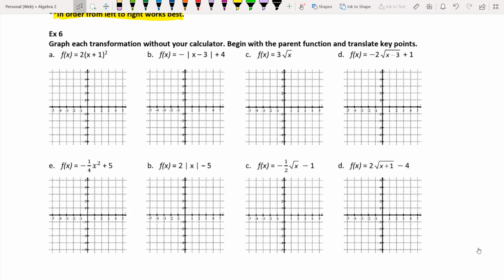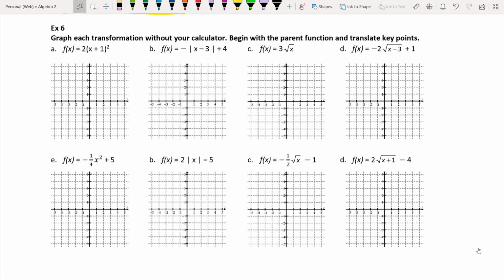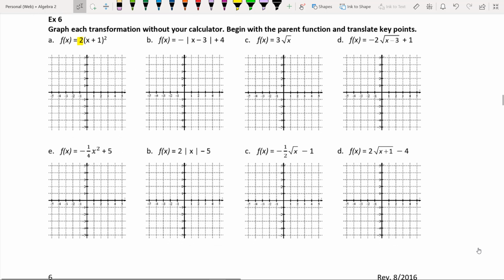So I'm going to pick some of the trickier ones and talk about those. The first thing I'm going to do is start with part A. Part A has two things going on. We have a vertical stretch and we have a +1 on the inside, which moves us 1 unit to the left.